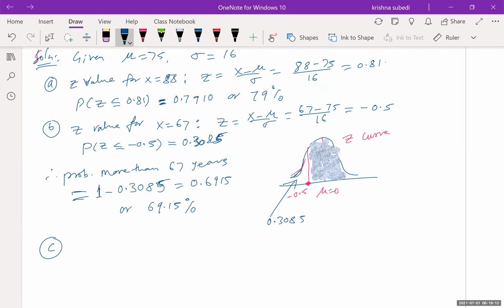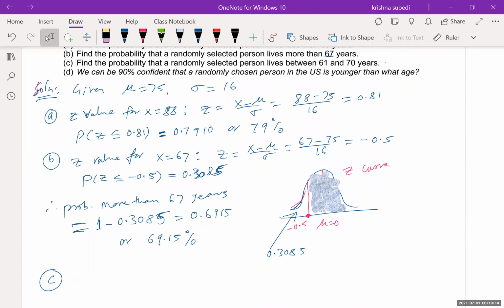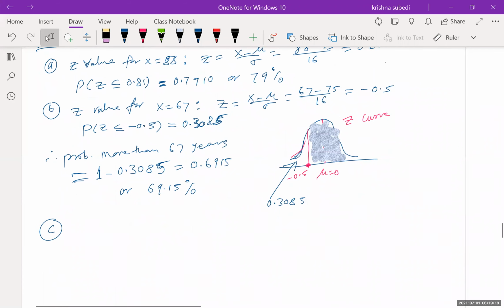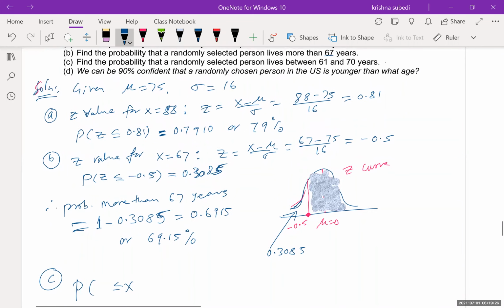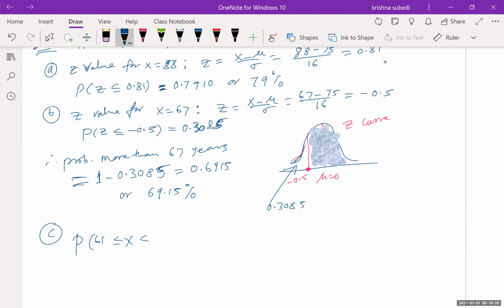Now part C. Find the probability that a randomly selected person lives between 61 and 70 years. So basically we need to find the probability of X between 61 and 70. We need to change this into a Z score.